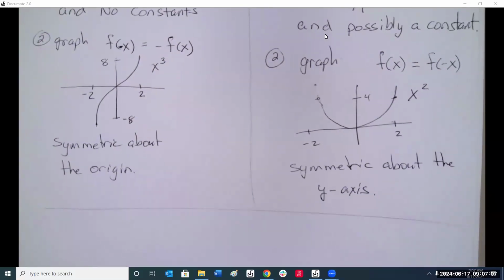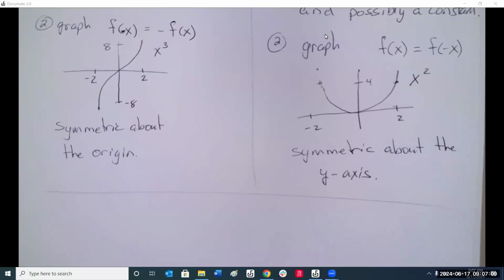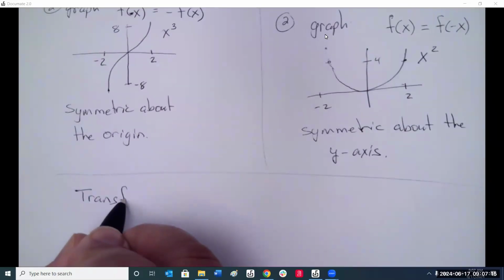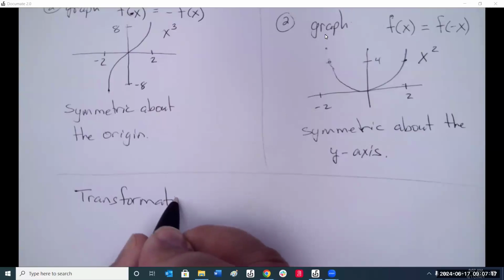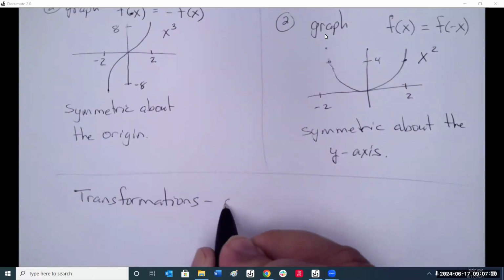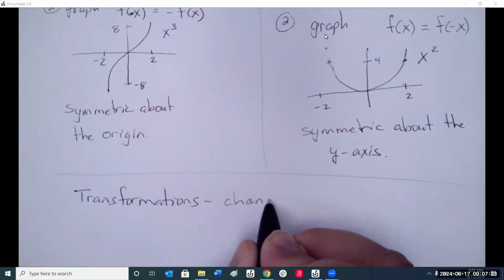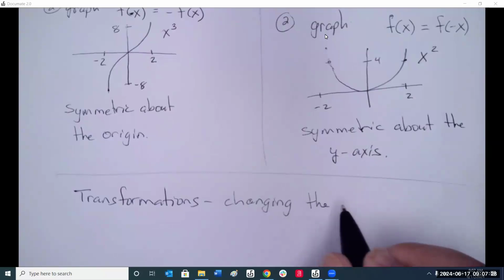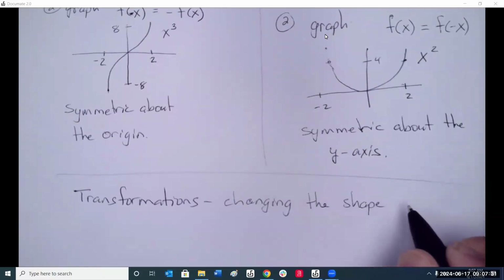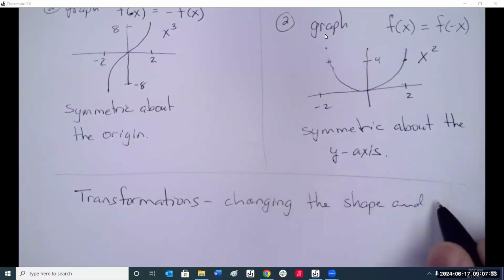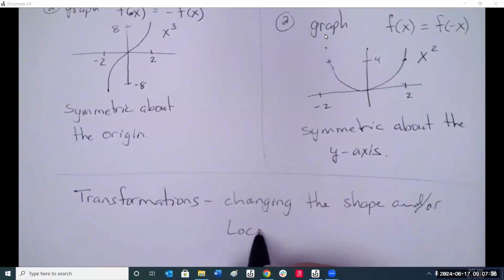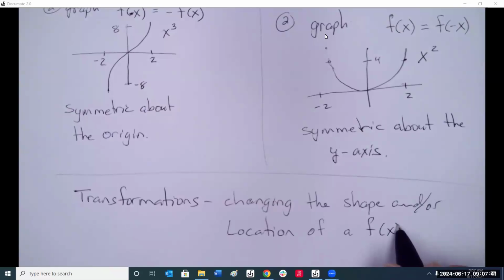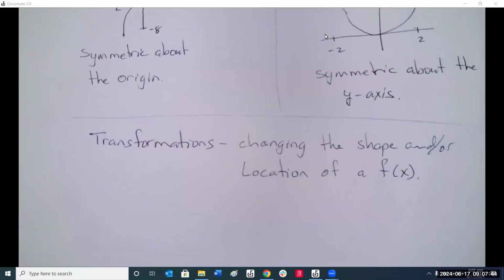All right. So those are symmetries. Now in this section, we're going to talk about something called transformations. Changing the shape and or location of a function.